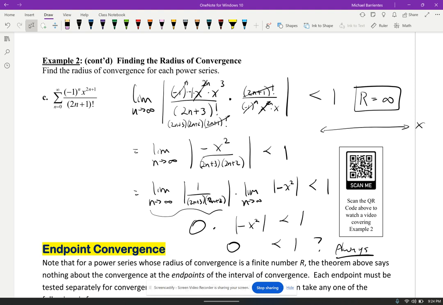I am guaranteed the convergence of this power series for any x value, because any x value I substitute and I do the ratio test, it's always going to be 0 less than 1, and therefore it's always going to be convergent. So my radius is infinity.